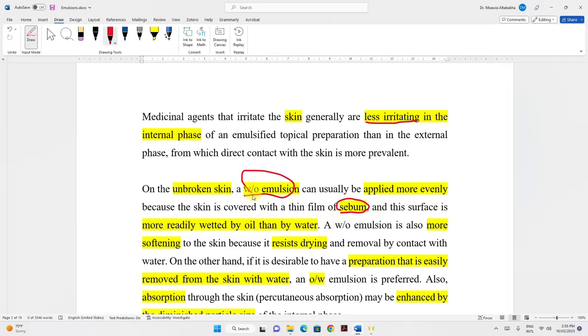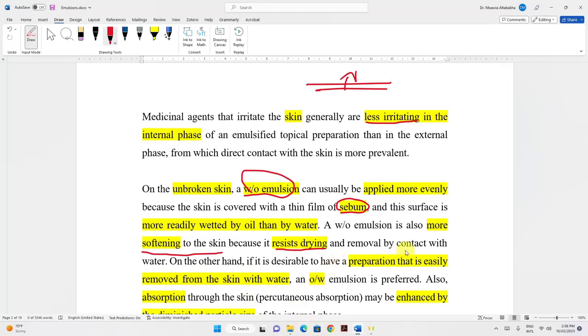If you are applying a water in oil emulsion, because oil is in the external phase, it will spread evenly. And the good thing, it will soften the skin. The oil as external phase will soften the skin and resist the drying of the skin. Why? Because you have the skin and above it a layer of oil which prevents the water from escaping the skin.